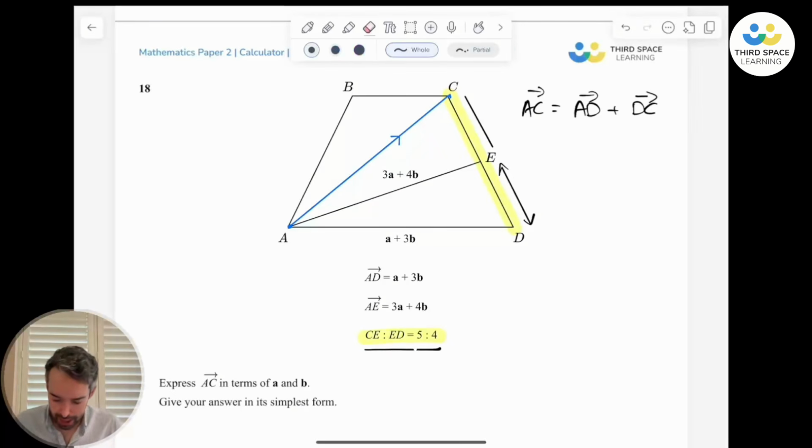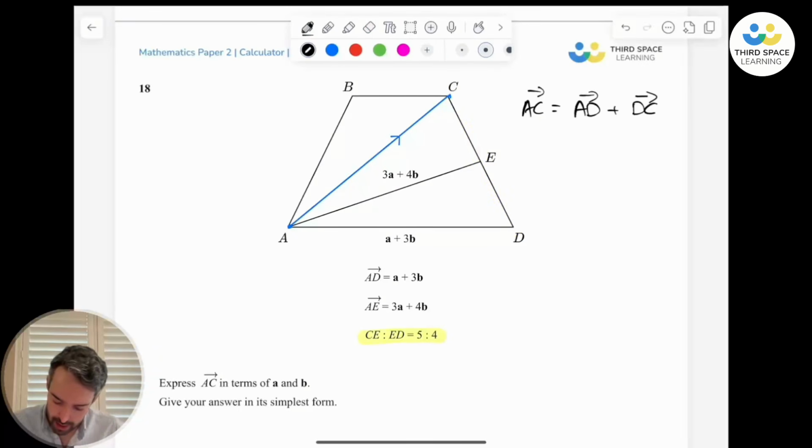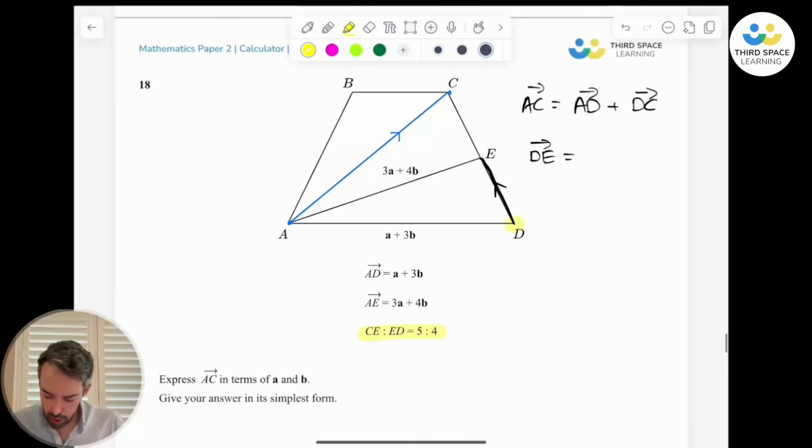So let's have a go at going from D to E. Starting at D, we're going to go from D to A, and then from A to E. So D to A plus A to E.